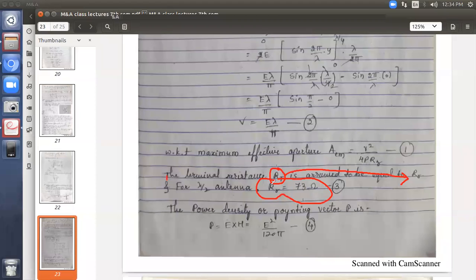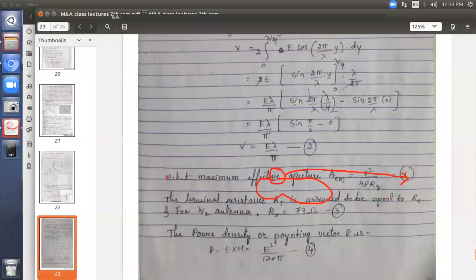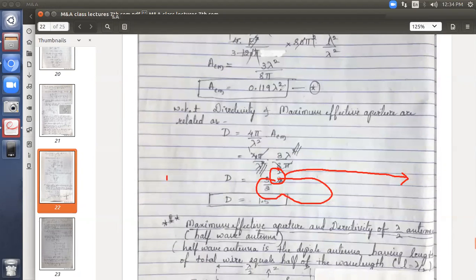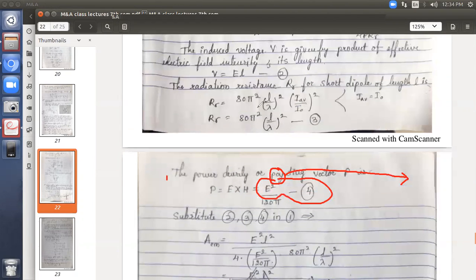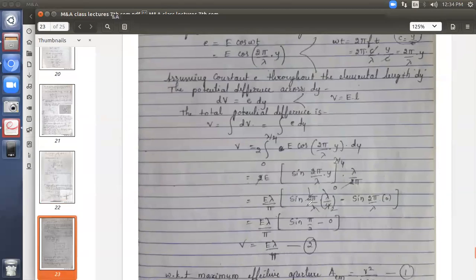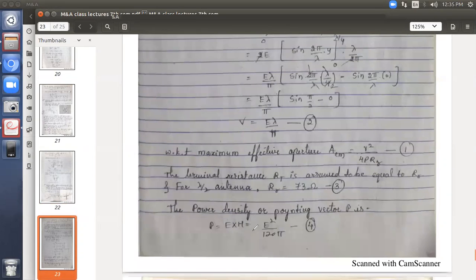Again, you have this concept in the next chapter where you will be proving this 73 ohm. Even in the earlier case, what you have considered, RR equals 80 pi square L by lambda, even this you will be proving. Both RR values for short dipole and lambda by 2 you will be proving in the next concepts.